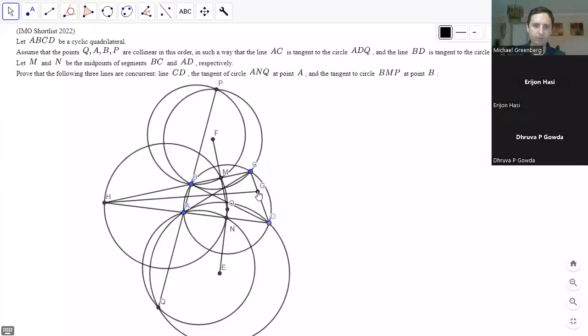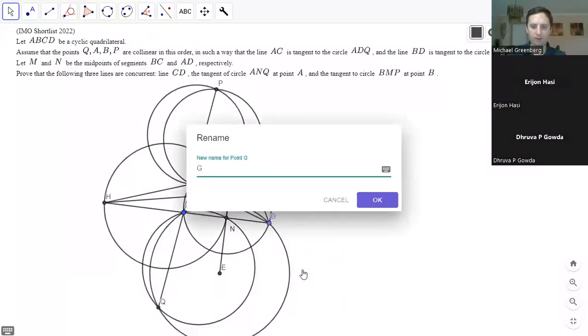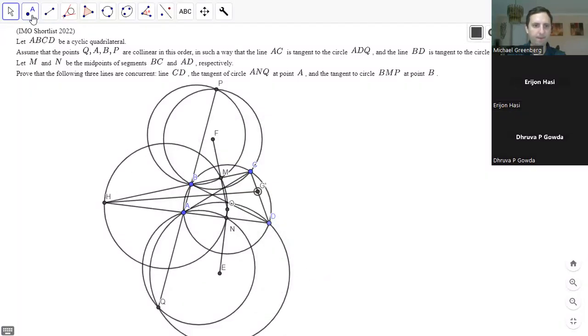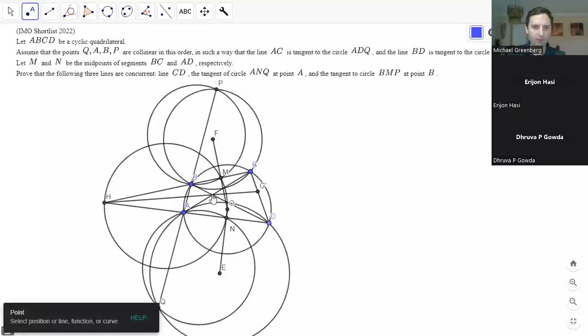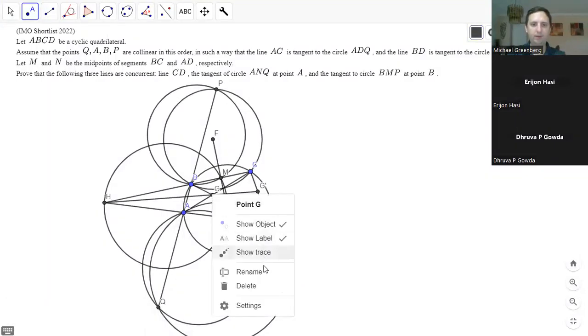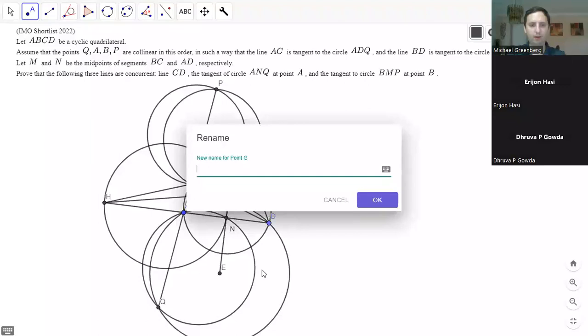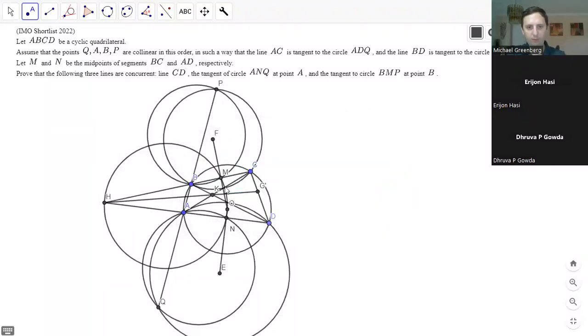So let G prime be the intersection of these with CD. Let's call it something different. We want to show BG prime is tangent to this circle, and then by the same logic, AG prime would be tangent to this one.